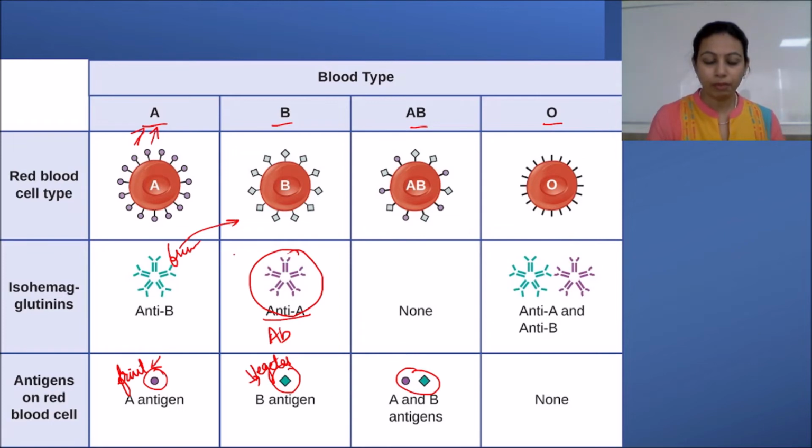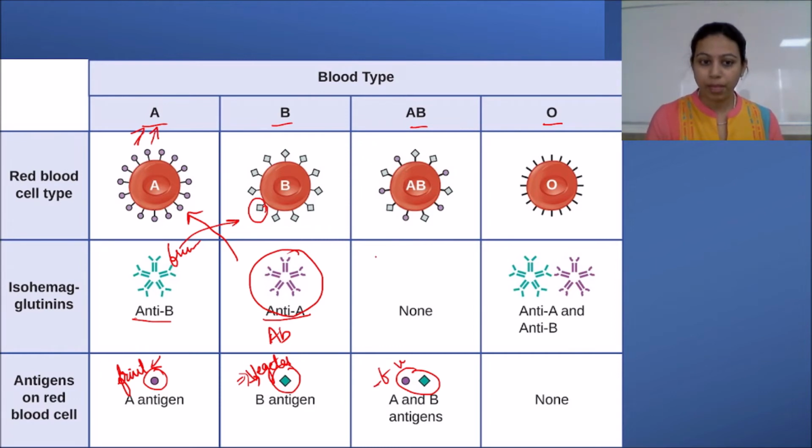Similarly, when vegetable is given to A, A will react against this vegetable and start producing antibody. The anti-B is the antibody which will react against the antigen which I have presented here as a vegetable. Now, what about AB? Sorry, AB has both fruit and vegetables.